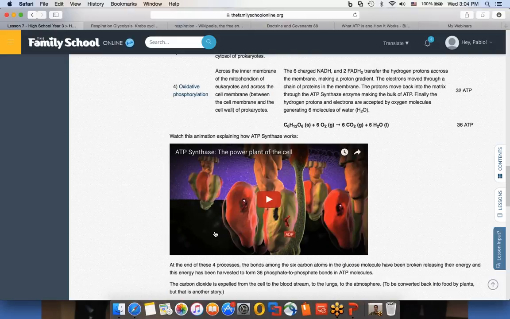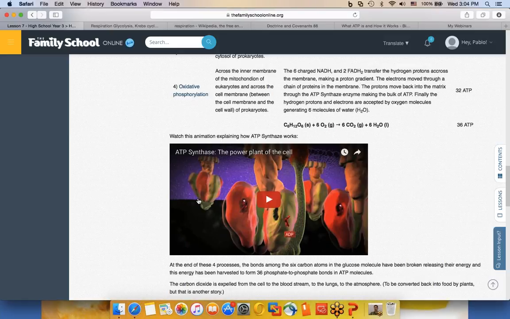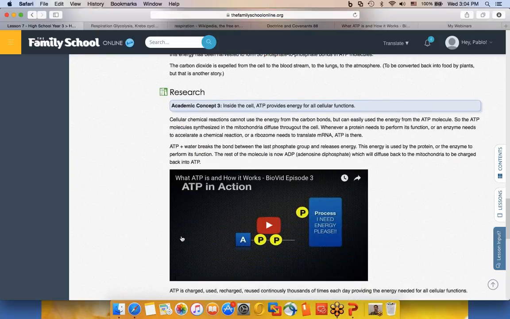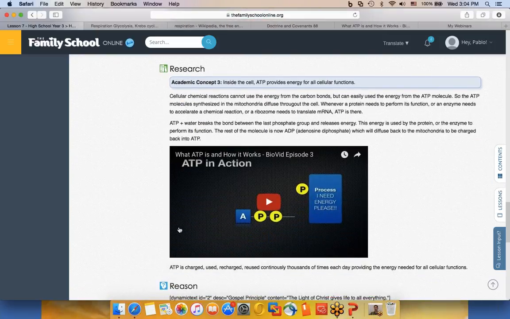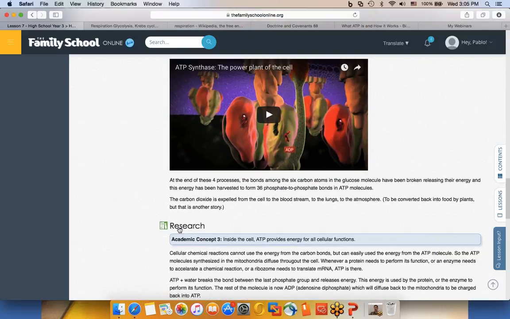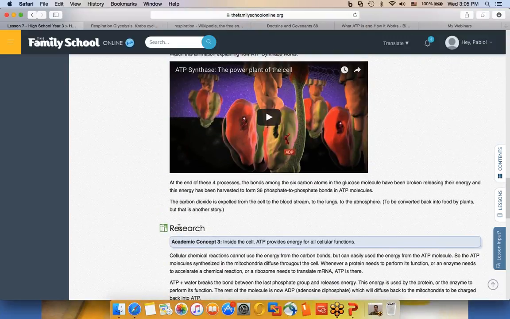It shows how the protein ATP synthase that makes ATP works. It's just amazing. And then this one explains more of how ATP is used by the cell. That is what we are going to do next week, okay? I really can see the hand of God in all these things. It's just amazing to me, all right?